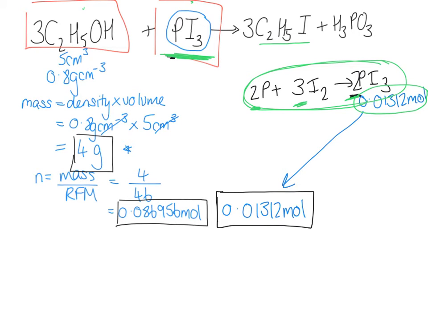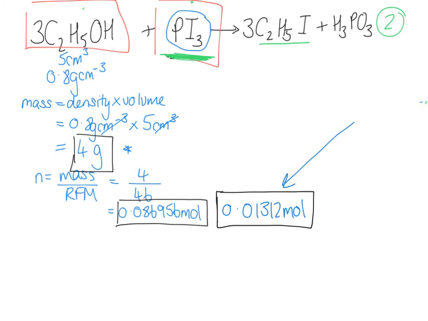So when you're working between equations, so from equation number 1 here to equation number 2, you can take the number of moles of phosphorus iodide that we worked out to be the number of phosphorus iodide moles that go on and react with our ethanol. Because really in the first reaction you're talking about how many moles of phosphorus iodide you're producing, and that will then be the number of moles that goes on and reacts with ethanol. You don't get any less or any more. Okay, so I'll rub all of this out before we move on.